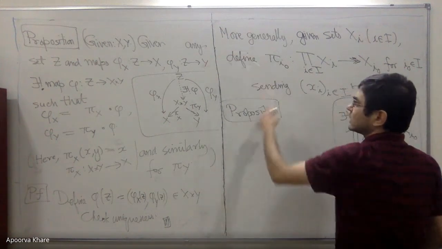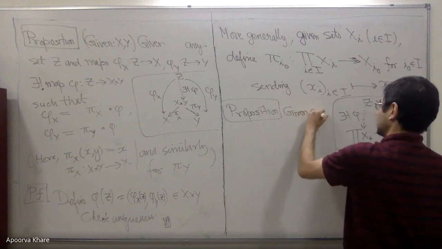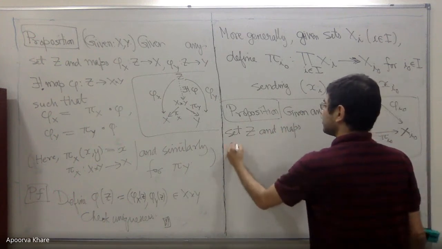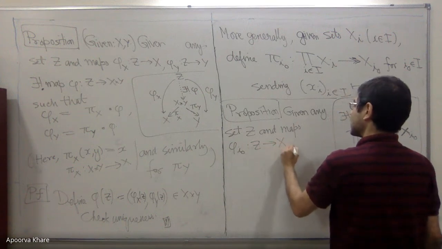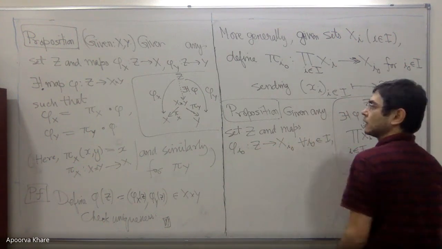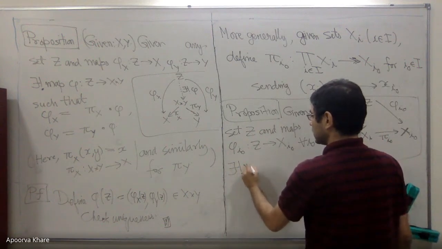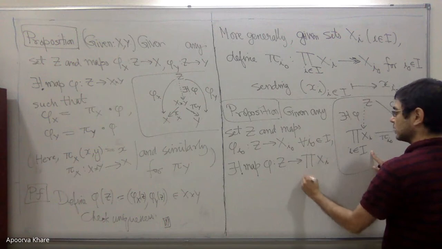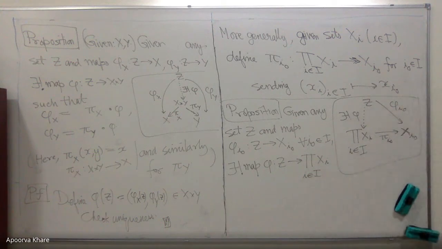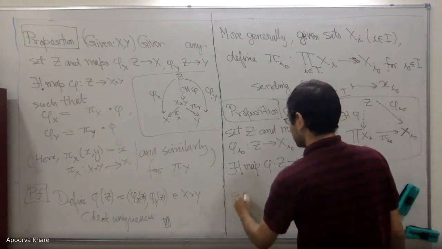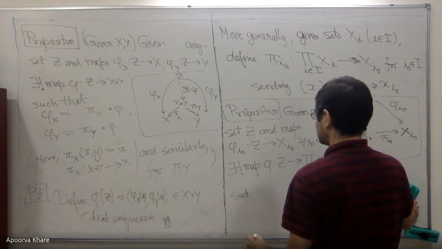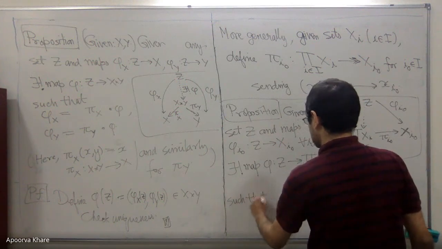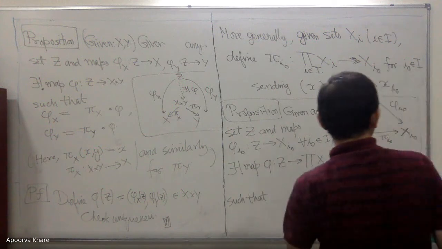So given all these things, given any set Z and maps, let's call them phi_i0 from Z to x_i0 for all i0, there exists a unique map phi from Z to the Cartesian product, the product over i in I, such that the composite is true.